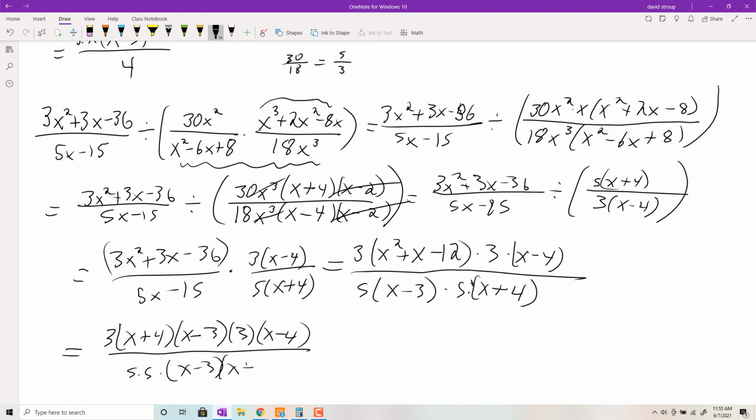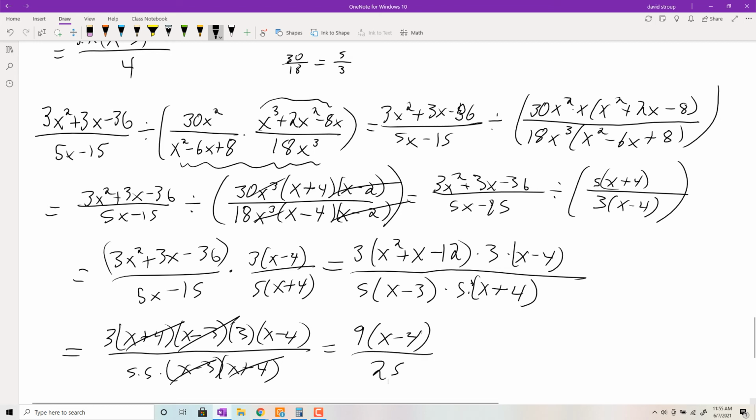You can shuffle terms about with the commutative law of multiplication. 2 times 3 is the same as 3 times 2, so you can move things. So the x plus 4's will go, the x minus 3's will go. Upstairs I have 3 times 3 is 9, times x minus 4. And downstairs I have 5 times 5, which is 25. And let's see if that works.